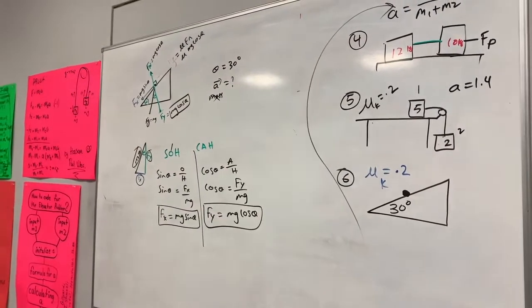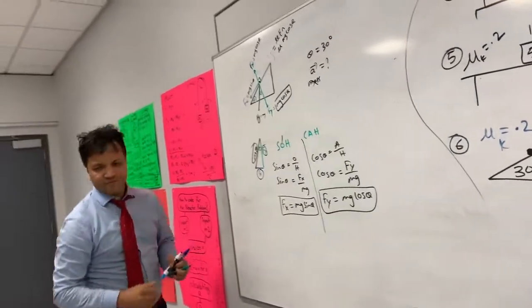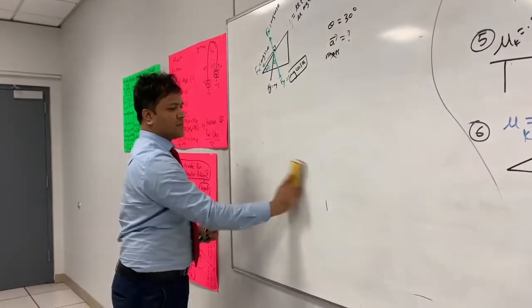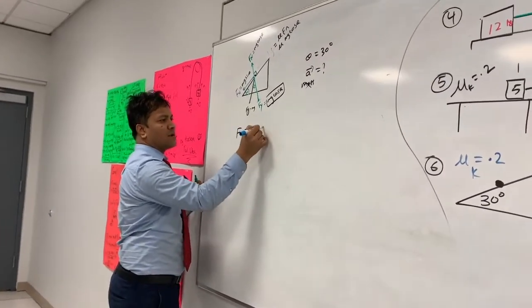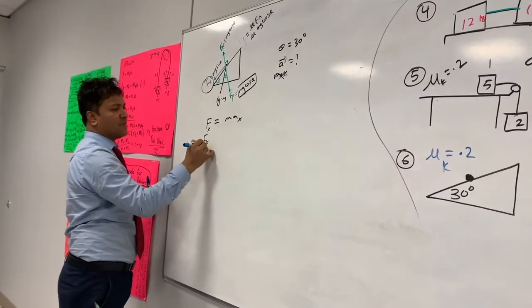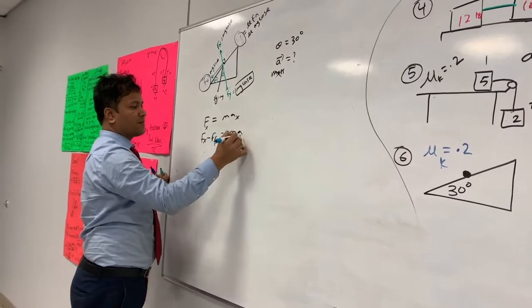Now we are ready to calculate by using Newton's second law. F equals ma. In the x direction, two forces: Fx minus Ff is equal to ma.